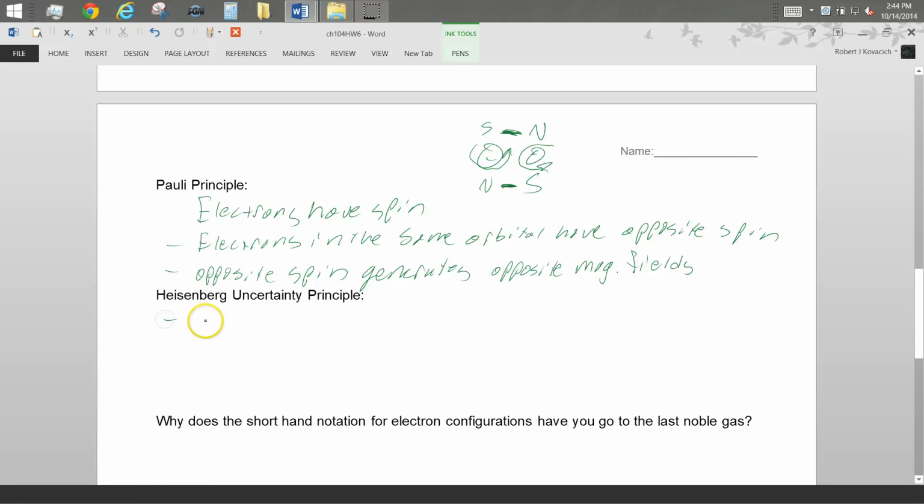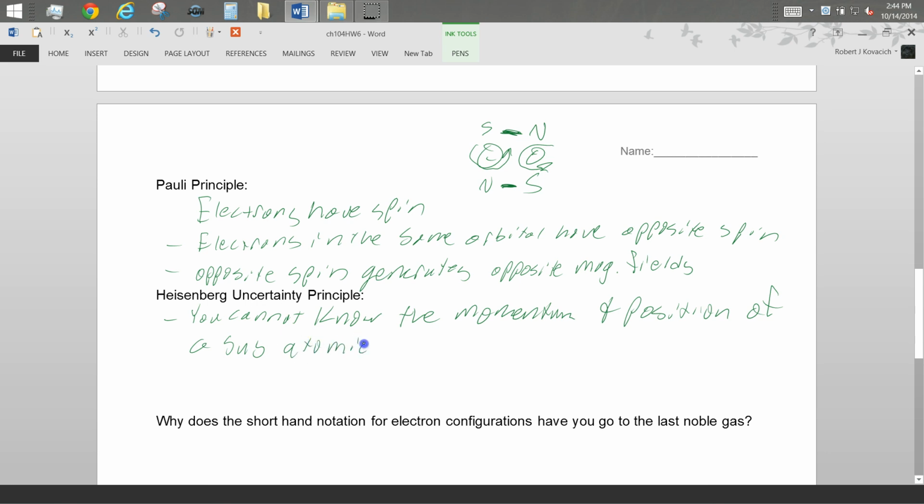Heisenberg's exact definition was you cannot know the momentum and position at the same time. That's a fancy way of saying you can't see one.